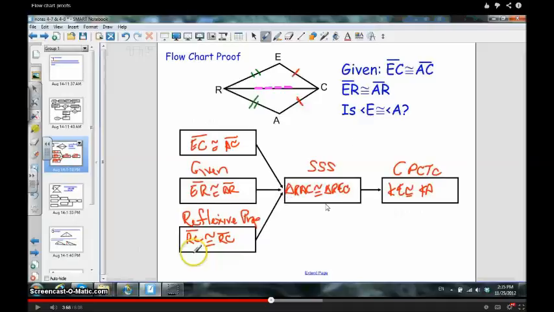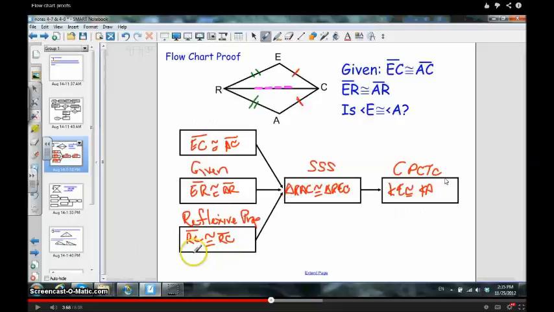Because we knew the two triangles were congruent, then everything in the triangle is congruent. So the corresponding parts of congruent triangles are congruent. She puts a slash through her angles. It's right here. Angle E is congruent to angle A. So this is mapping out step by step how we can get to what was requested and prove it.